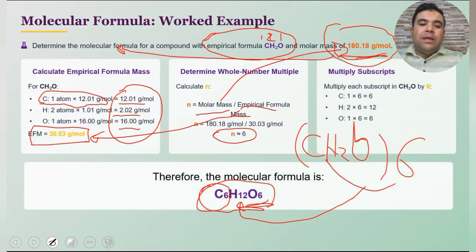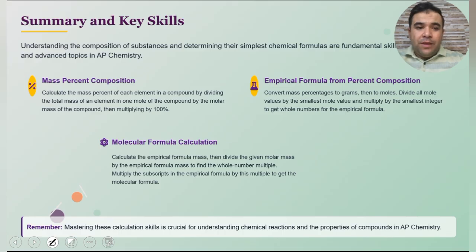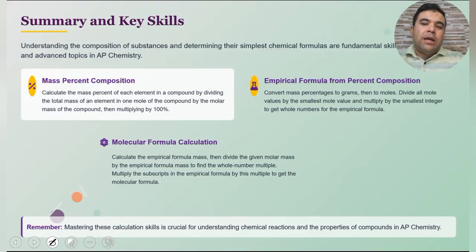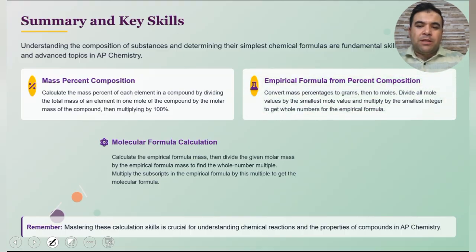Guys, the summary of this session is about how to calculate the mass percent composition. We summarize it in this slide. The mass percent composition of an element can be calculated through the mass of the sample of those elements divided by the molar mass of the compound, and then multiplied by 100. You'll be able to calculate the mass percent of individual elements. Empirical formula, it's simple also.